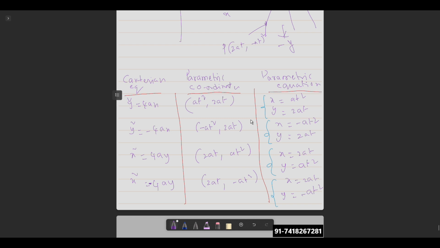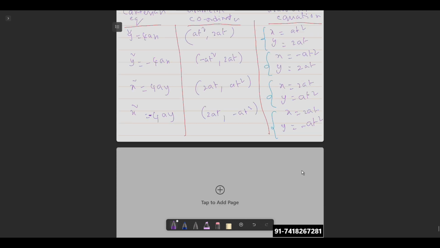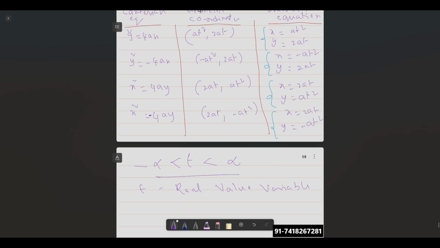And your t varies from minus infinity to plus infinity. This is the main important thing. The t is a real-valued variable, it can be from minus infinity to plus infinity.